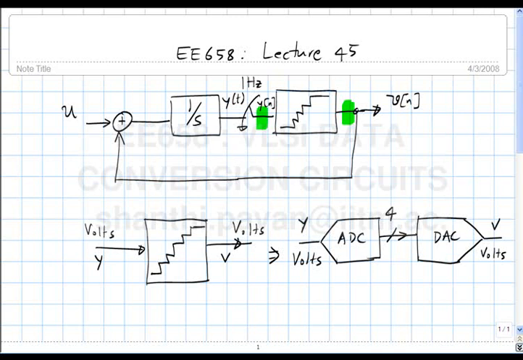So where is the quantization noise being actually added? At the input of the ADC, right?